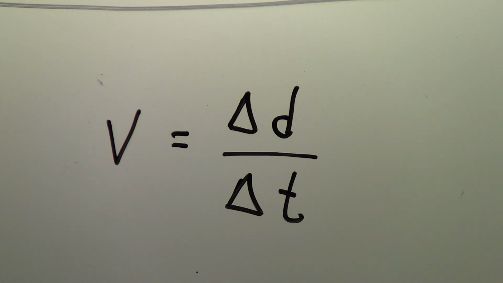And so if I wanted to know how far this is, on this side of the equation I would put 1 second. Here I would put the change in distance.